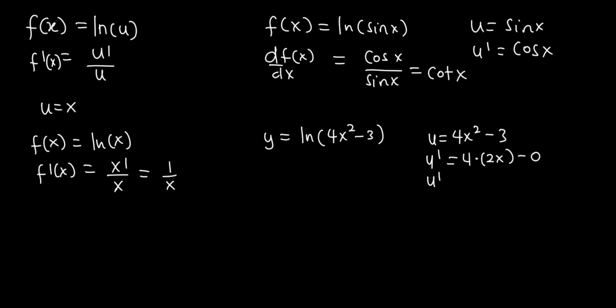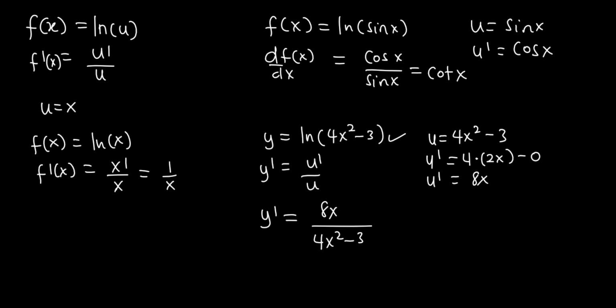So this will give us u prime equal to 8x. So let's find the derivative of the function. That will be y prime equal to u prime divided by u. We already know u prime and we know u, so let's do the substitution. I'm going to have y prime equal to 8x divided by 4x squared minus 3. So that will be the derivative of this function that was given.